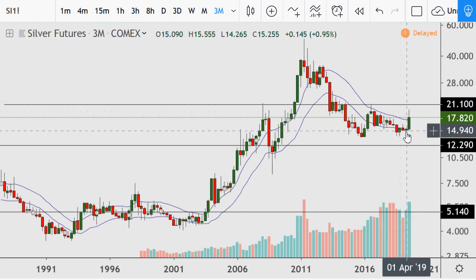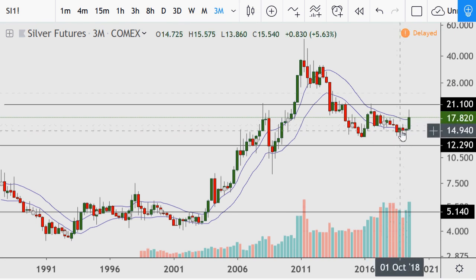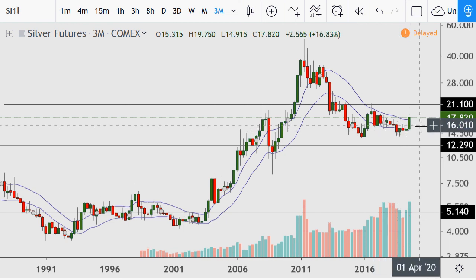Because if it breaks out from here, I'm going to count the bottom breakout period as April 2019, at least on this chart time frame, and even maybe down at this low here. Either way, it's been the better part of this decade, 8 years or so.